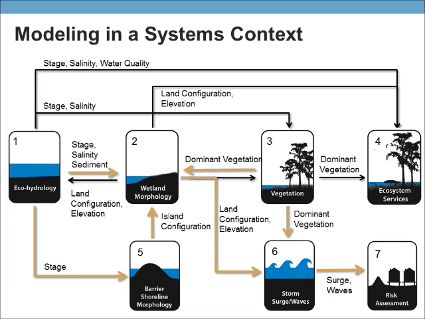Today, we're going to hear about the eco-hydrology model and the vegetation model. Then next Friday at UNO, the wetland morphology model and the barrier shoreline morphology model are going to be presented. Thursday the 23rd at McNeese, we're really going to talk about the ecosystem services ones, the upper trophic level modeling that we did.